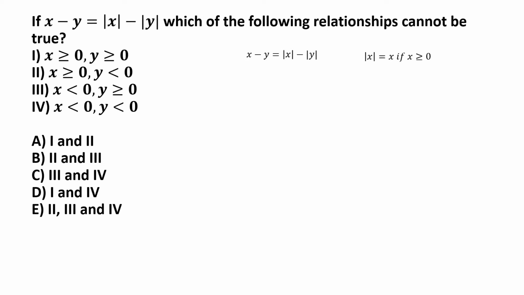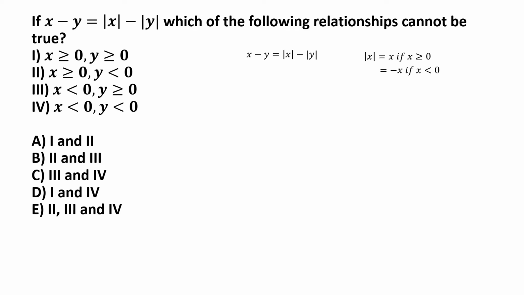Right, so mod of x is equal to x if x is greater than or equal to 0, meaning if x is 0 or a positive number, then modulus of x is equal to x. But if x is less than 0, then mod x is simply minus x. And this relationship will be similarly defined for mod y, right?